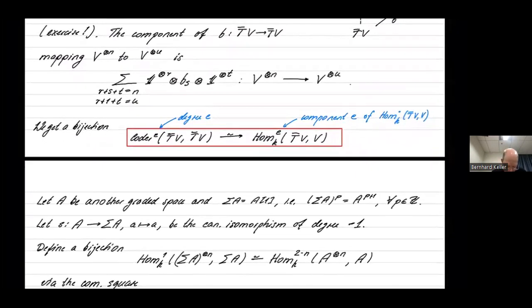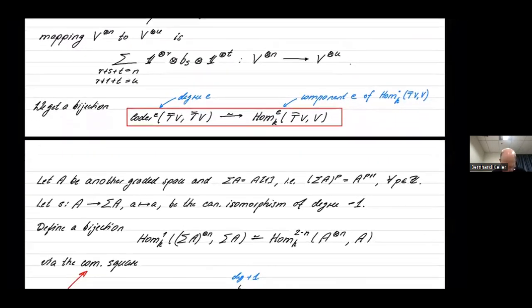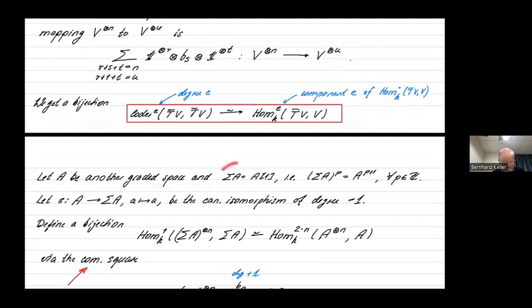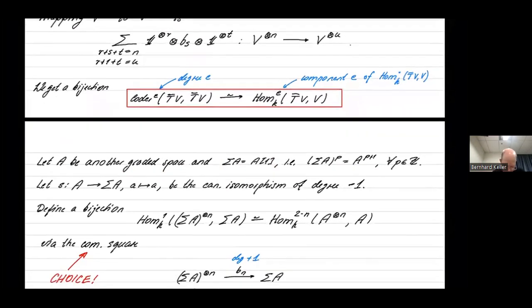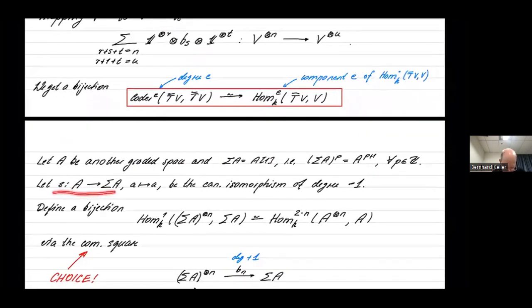Let's take A to be a graded space. We write sigma A, as always, for its shift by 1 degree. And we have a canonical isomorphism of degree -1, which at the level of vector spaces is just the identity. So it changes the degree of this element by 1.